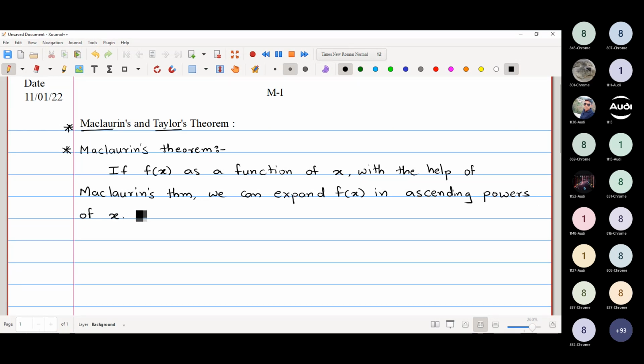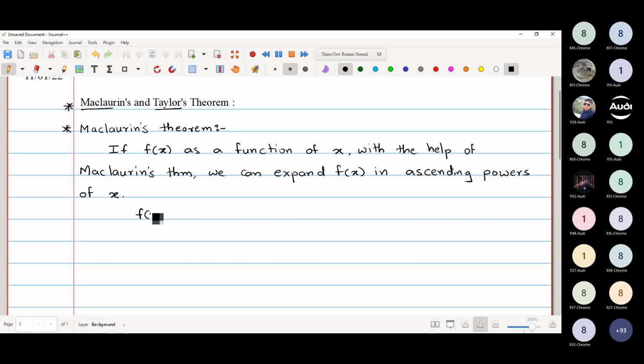Okay. This is the formula that you are all supposed to remember.